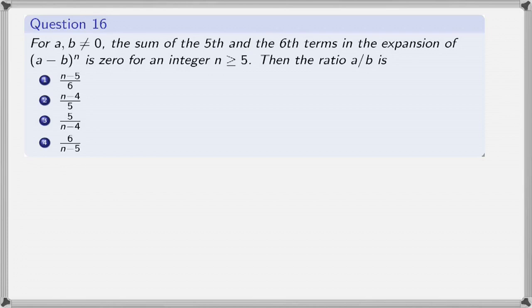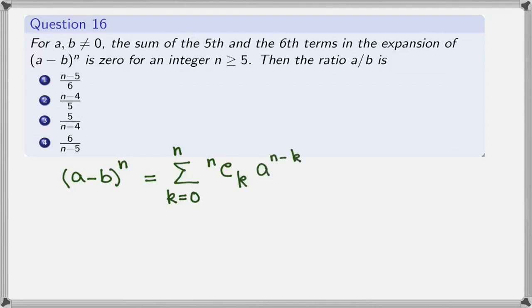We first write down the binomial expansion of (a minus b) to the power n. This is equal to sum running from k is equal to 0 up to n nCk a to the power n minus k into minus 1 to the power k into b to the power k.